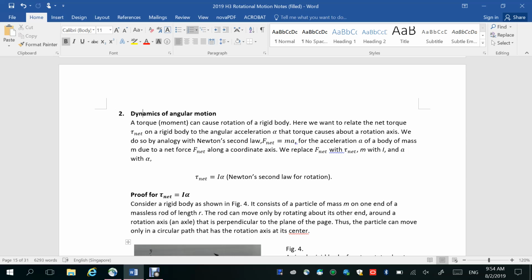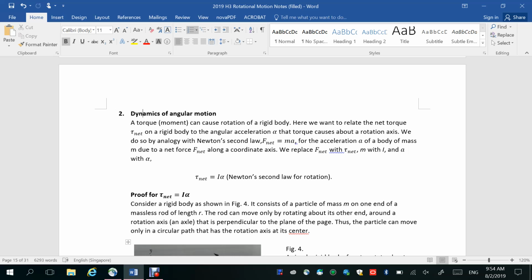In angular motion, the rotational inertia, or moment of inertia, is equivalent to mass, because it resists the rotation. So mass resists linear motion, rotational inertia resists rotational motion.